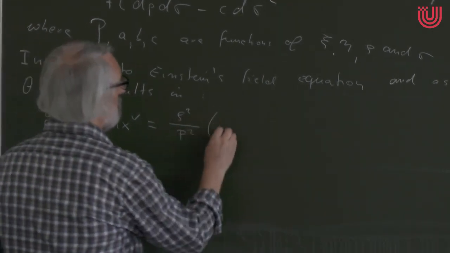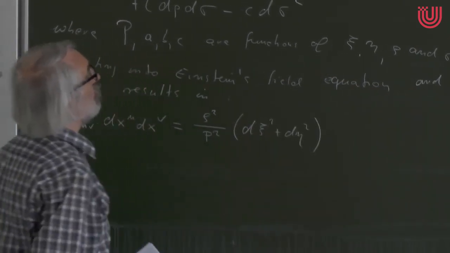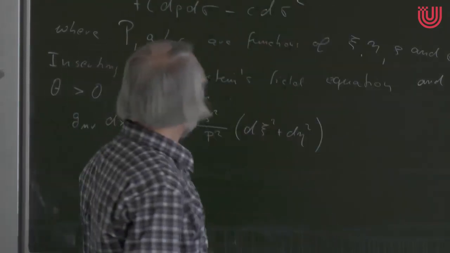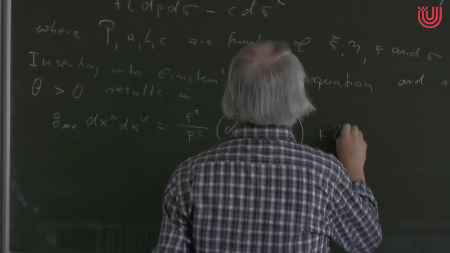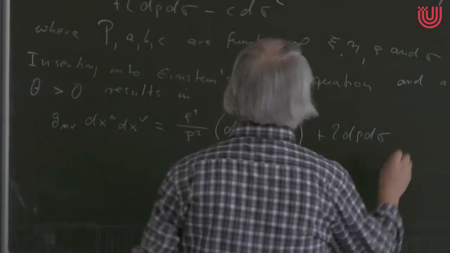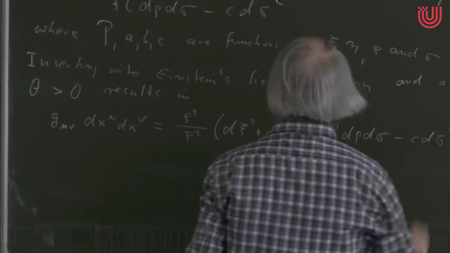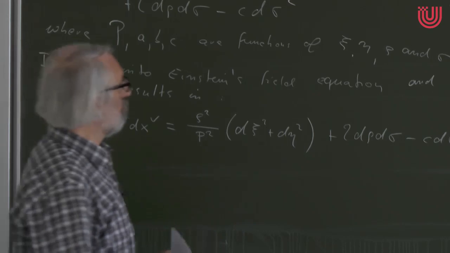And now I have only the psi squared plus the eta squared. So as I said, with the help of the field equation, you kill the A and the B. And then you have what we had before, 2 d rho d sigma, and the C d sigma squared. And of course, you get differential equations for P and for C.